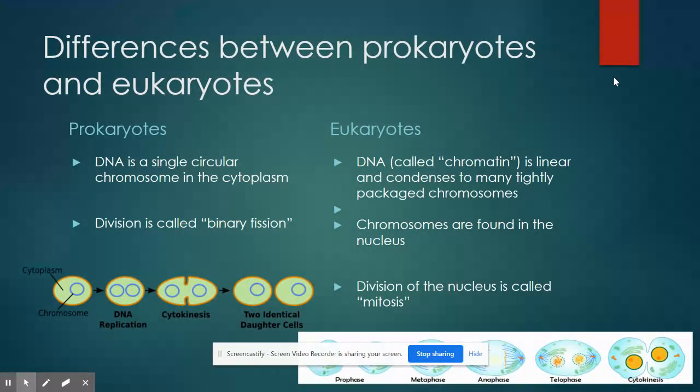These chromosomes are found in the nucleus, and when we talk about the division of the nucleus, that's called mitosis. And below, I have pictures of the stages of mitosis: prophase, metaphase, anaphase, telophase, and cytokinesis. You will usually hear me refer to these as PMAT, P-M-A-T, PMAT.